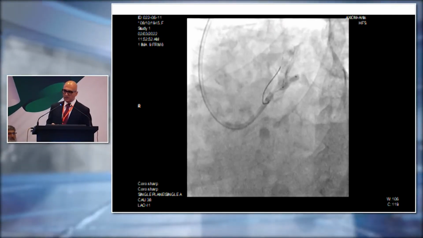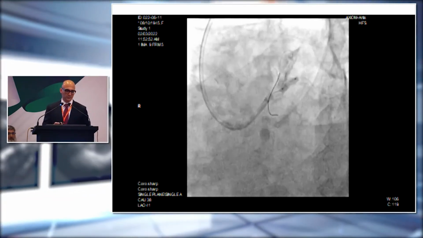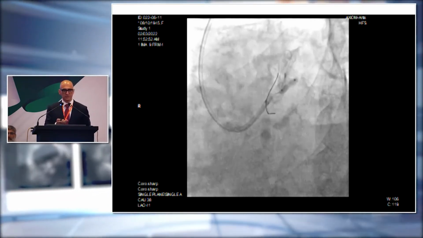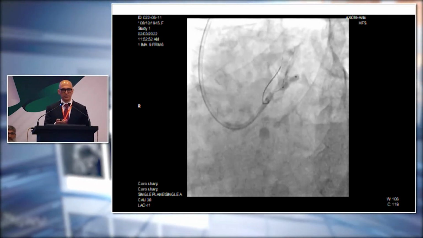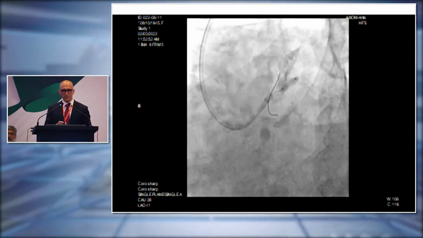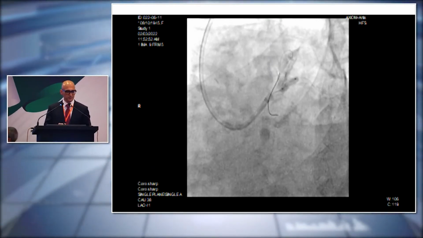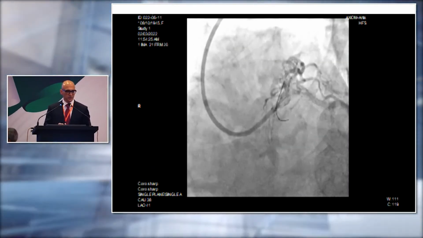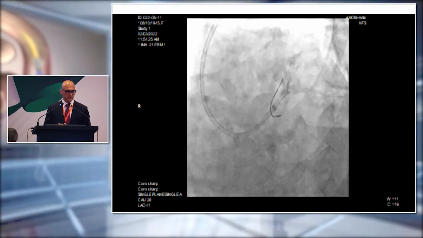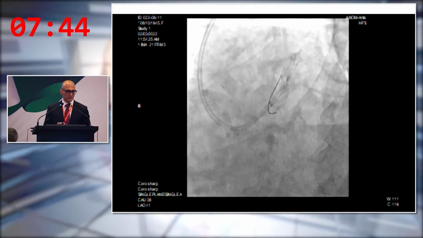So we adopted a modified culotte technique for this. The concern was that because of the angulation, TAP may or may not work, and you may not have enough struts hanging in the left main. There was also concern about the amount of disease at the ostium and proximal LAD. So lesion prep with a balloon was done first in the ostial circ, after which the lesion did look a little bit better.